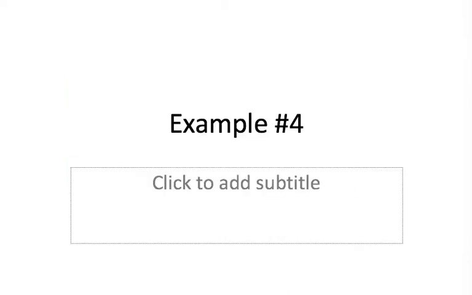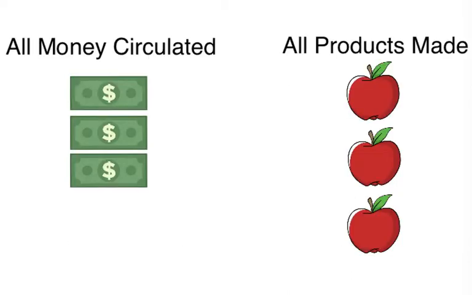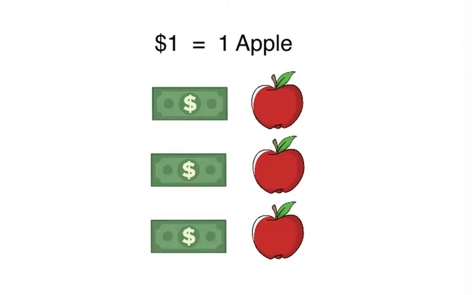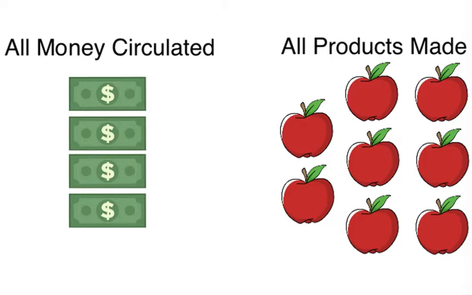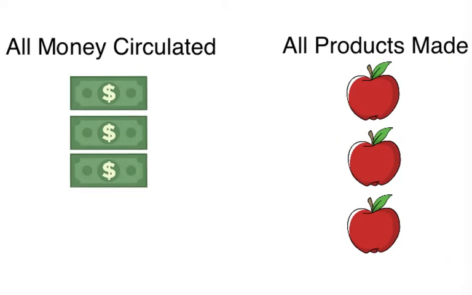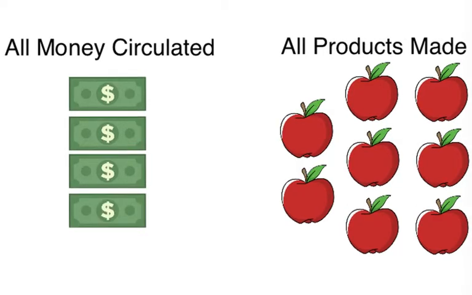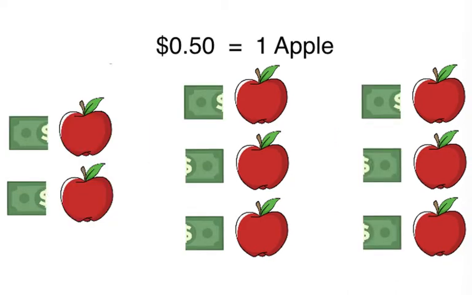In this particular example, once again, we're starting off with this $1 per apple. And if we end up having the opposite, where the amount of product increases faster than the amount of money that's circulating, well, here we have $4 and 8 apples. So if the amount of product increases faster than the amount of money circulating, you actually have the exact opposite.